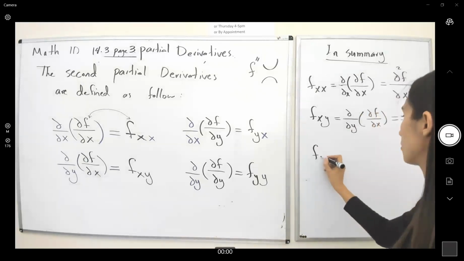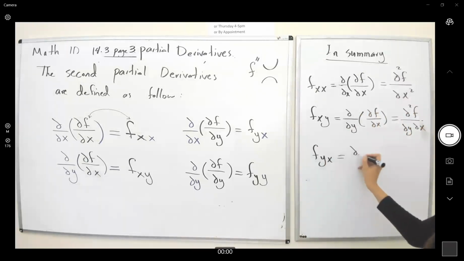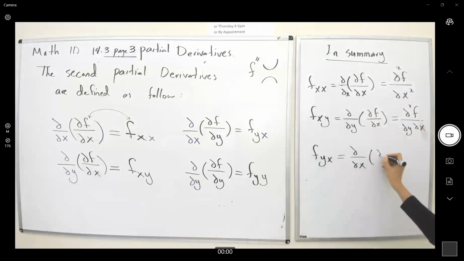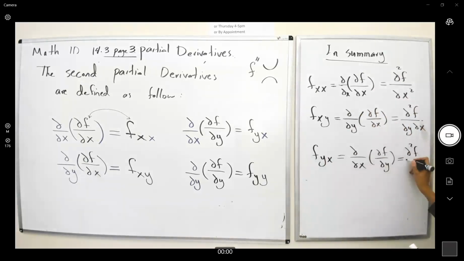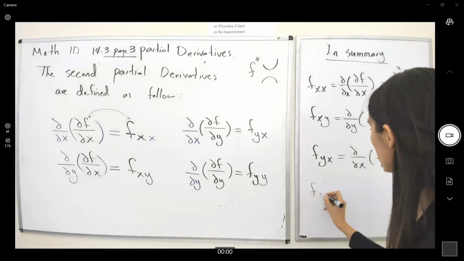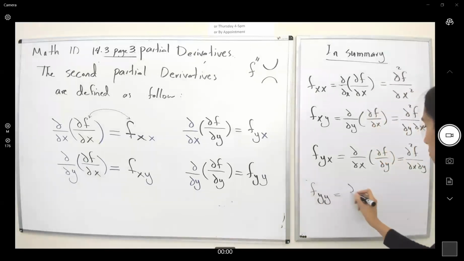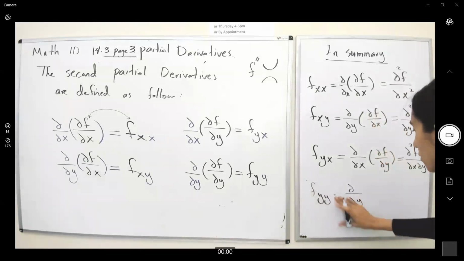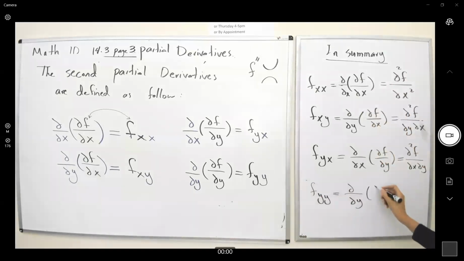Then f of y and x, of course you have to switch these. Second partial derivative of the function with respect to y, then with respect to x, and finally f of y and y, which is the second partial derivative of the function with respect to y, and we have this guy here.